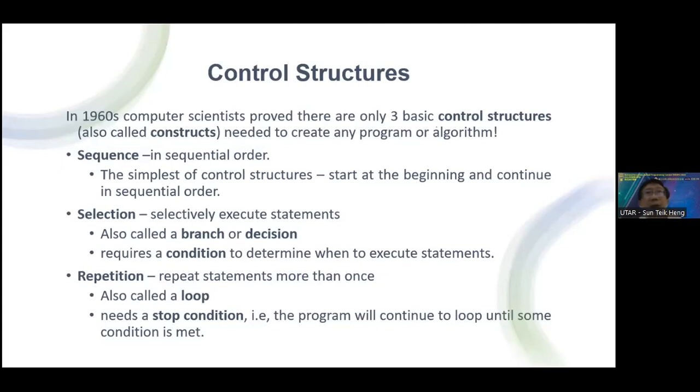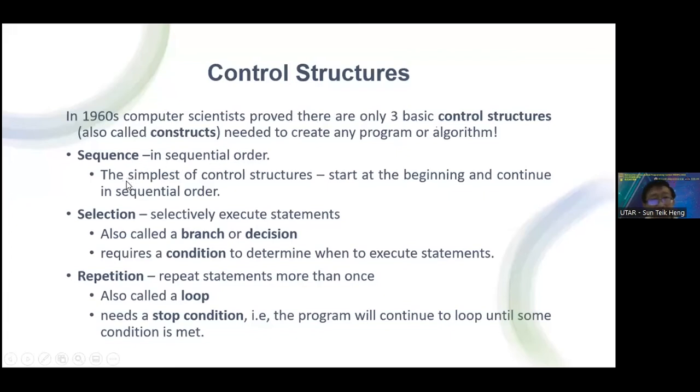Step 3, heat the pan for 5 minutes. There is a proper sequence, right? I must do step 1 before I can do step 2. I have to perform step 2 first before I can perform step 3. So there is a sequential order.